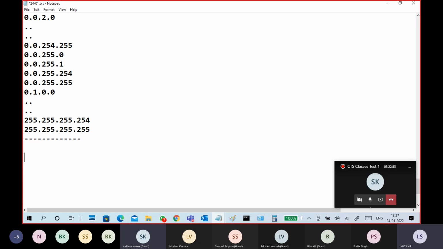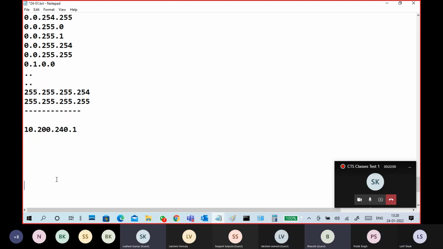So for example, 10.200.240.1. Is it a valid IP address or not? Yes, sir, valid, because no octet is higher than 255.